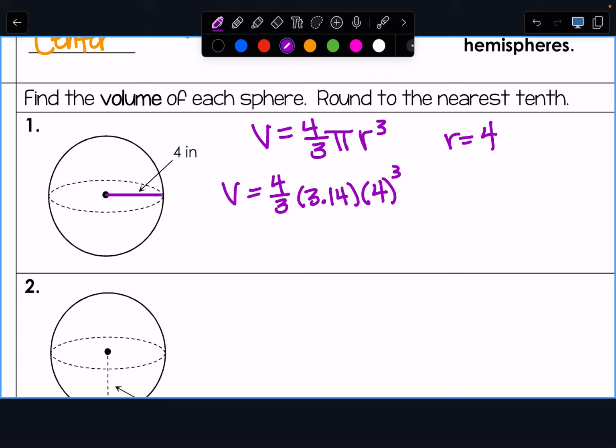So when you put this into your calculator, I want you to type in 3.14, then multiply by the r cubed, then multiply by 4 divided by 3. Can you please try that in your calculator now? When we're writing things out, can we just put that at the back? Yeah. Okay. Yep. So I want you to try this in your calculator to make sure you can get the right thing.